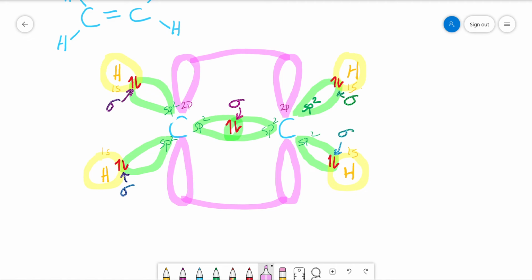Okay, and what does that form? Usually what I do in classes is I ask how many bonds that forms, and everybody wants to say 2 because there's one on top and one on the bottom, right? Wrong. It's one 2p orbital. It has 2 electrons and it forms a pi bond. This is a pi bond.